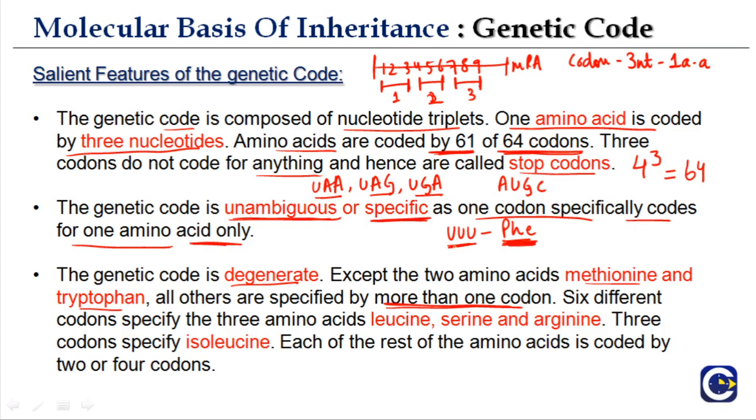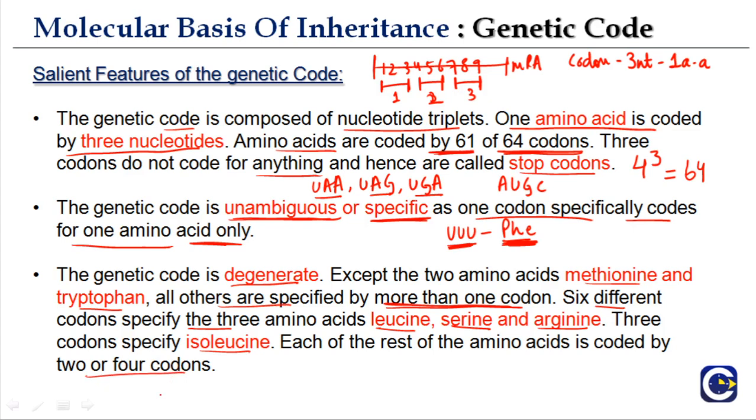Just remember the example, UUU will code only for phenylalanine and nothing else. But many amino acids are specified by more than one codon. 6 different codons specify the amino acids leucine, serine and arginine. 3 specify isoleucine. Each of the rest of the amino acids is coded by 2 or 4 codons.